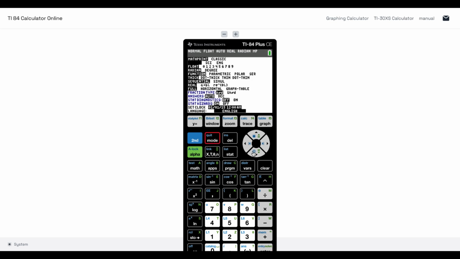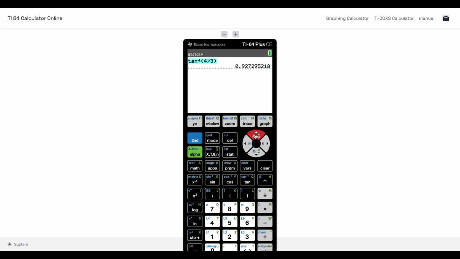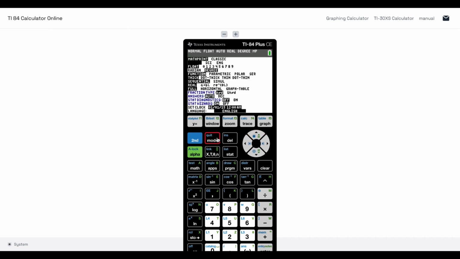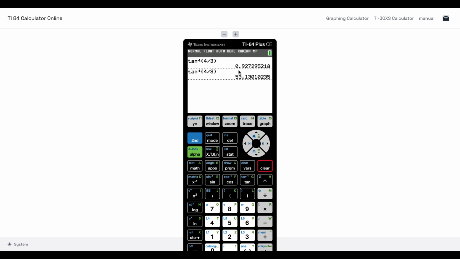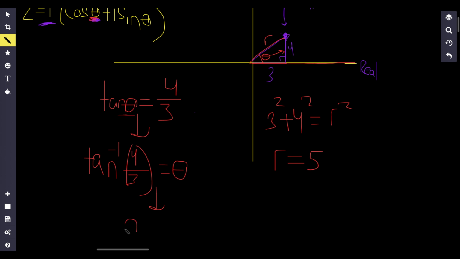If you want to change it to degrees, you can just click this button and enter the prompt, and you'll get that this is about 53 degrees. But just for the sake of consistency, I'm going to do these problems in radians. This is about 0.93 radians. That's what theta is equal to.